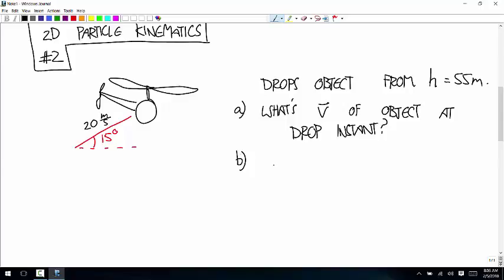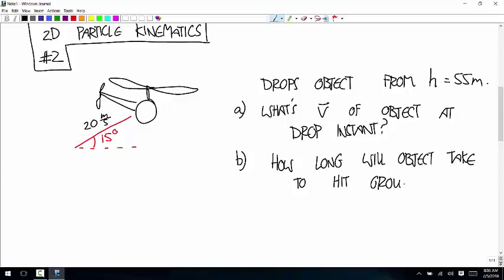How long will it take the object to hit the ground? And then in that time that the object is falling, how much higher will the helicopter get?